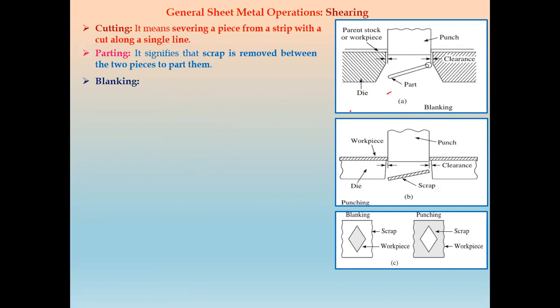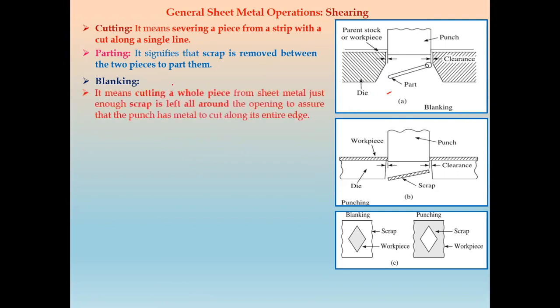Blanking means we cut a whole piece from the sheet metal, with just enough scrap left all around the opening to assure that the punch has metal to cut along the entire outline.